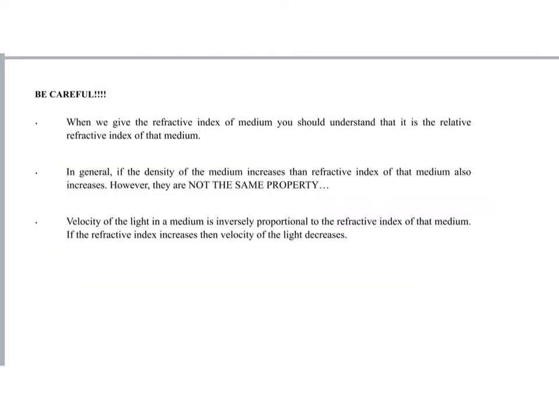Now I'm going to point out some important aspects. One, when we give the refractive index of a medium, you should understand that it is the relative refractive index of that medium. For example, the refractive index of water is, in fact, the refractive index of water relative to the vacuum or air.